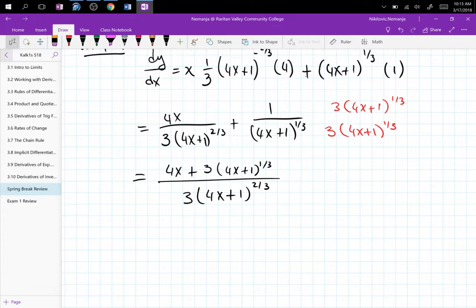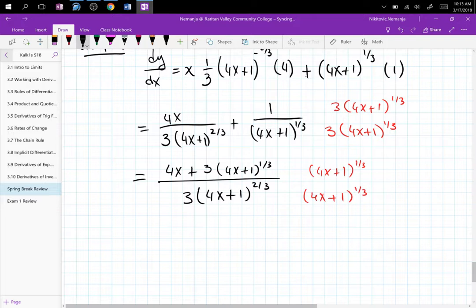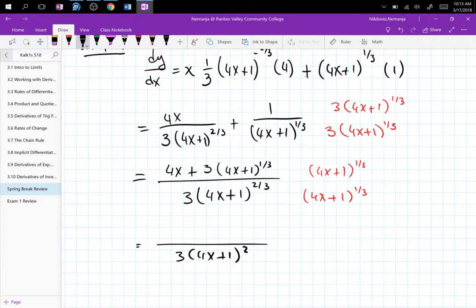Now this is not really presentable in this way. So what you can do is you can multiply by 1 more 4x plus 1 to the 1/3. Because that would make this 3/3, and that would make it to be just 3 times 4x plus 1 everything squared.